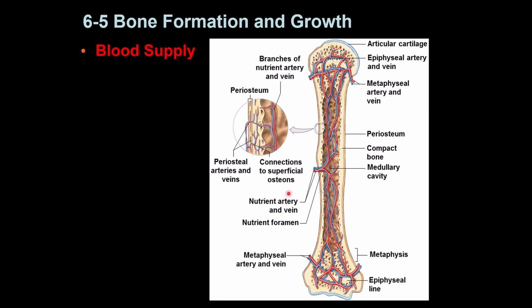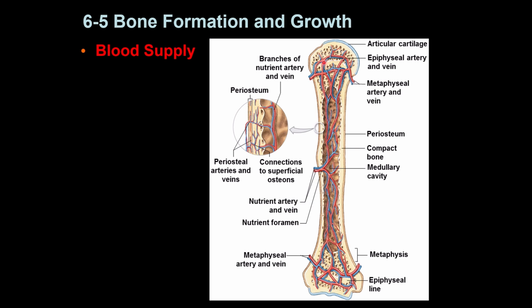The blood supply of the bone is very vascular compared with cartilage, which is not vascular at all. Most bones have at least one blood supply. So here you can see the blood supply entering the bone or leaving the bone in the middle, in the diaphysis area, and inside the medullary cavity is very, very vascular.